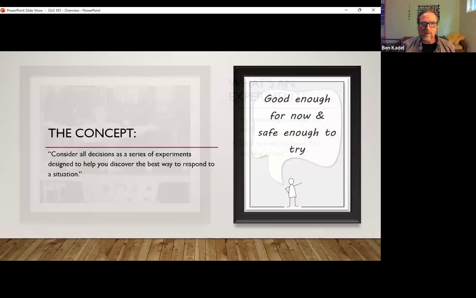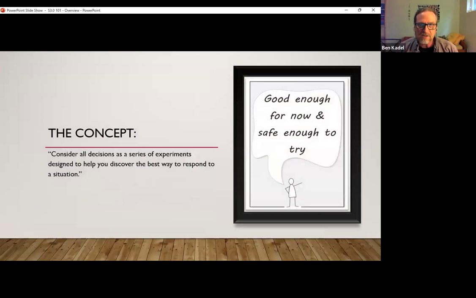Some of the advantages of working this way: when you break things down into experiments, your risks go down because you're not trying to make forever decisions. You're trying to make decisions that are good enough for now, safe enough to try. When you're setting up your experiment, we shorthand it as aim, act, reflect, repeat as necessary.